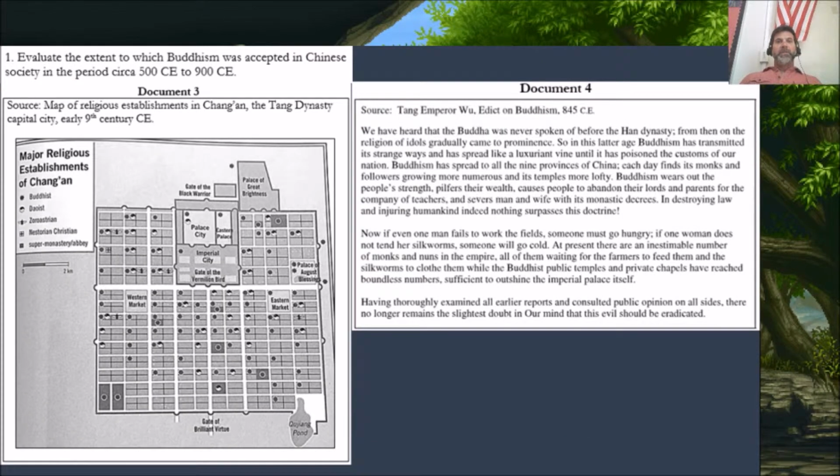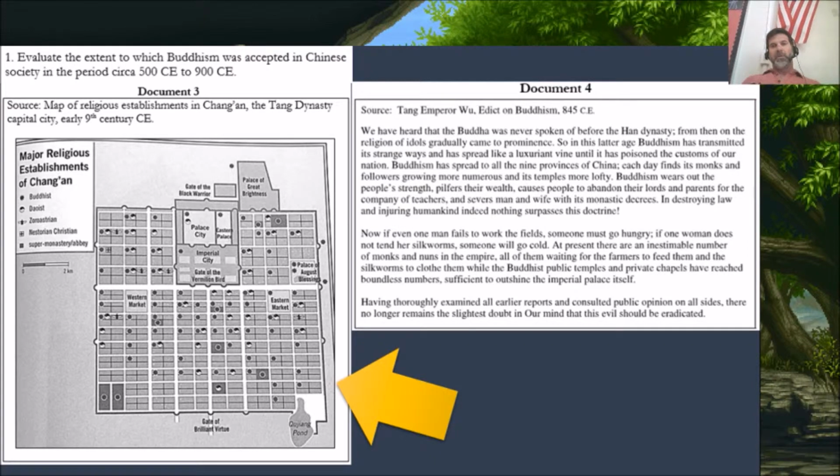Document 3 is a map of religious establishments in Chang'an, the Tang Dynasty capital city, early 9th century CE. So this is also toward the later end of the time period within the prompt. If you go full screen on your video, you can see symbols representing different religious establishments: Buddhist, Taoist, Zoroastrian, Nestorian Christian, a type of Christianity, and then super monasteries or abbeys, like big state-supported Buddhist monasteries.